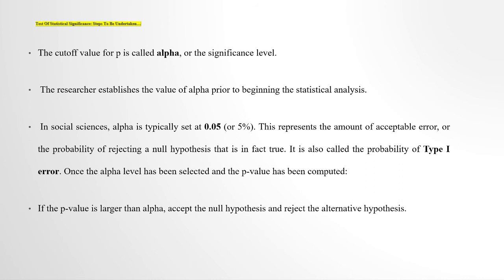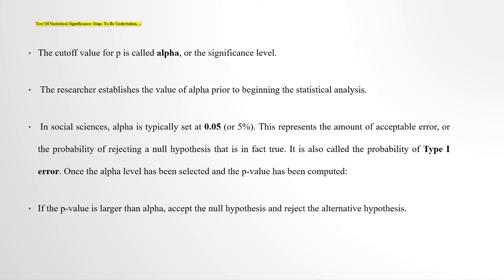This represents the amount of acceptable error, or the probability of rejecting a null hypothesis which is actually true, because it gives rise to a kind of error known as type 1 error, which we commit when we reject our null hypothesis even when it is true.